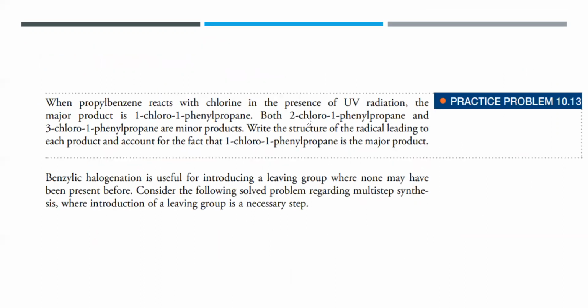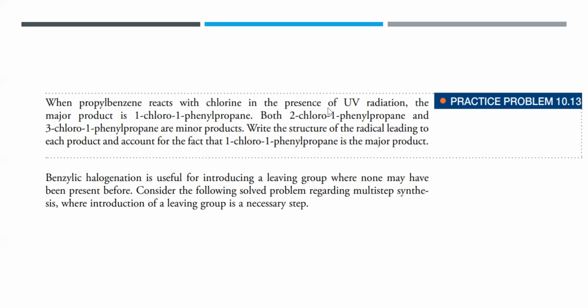And here you have your chlorinated alkyl halides. The reaction will show the structure of the radical leading to each product, accounting for the fact that you have 1-chloro-1-phenylpropane.